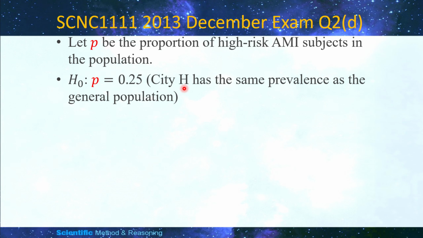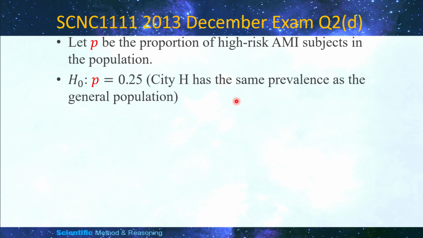Unless there is strong evidence, we would not say that city H has a higher prevalence. We can only say that city H has the same prevalence as the general population, where the proportion is 0.25.